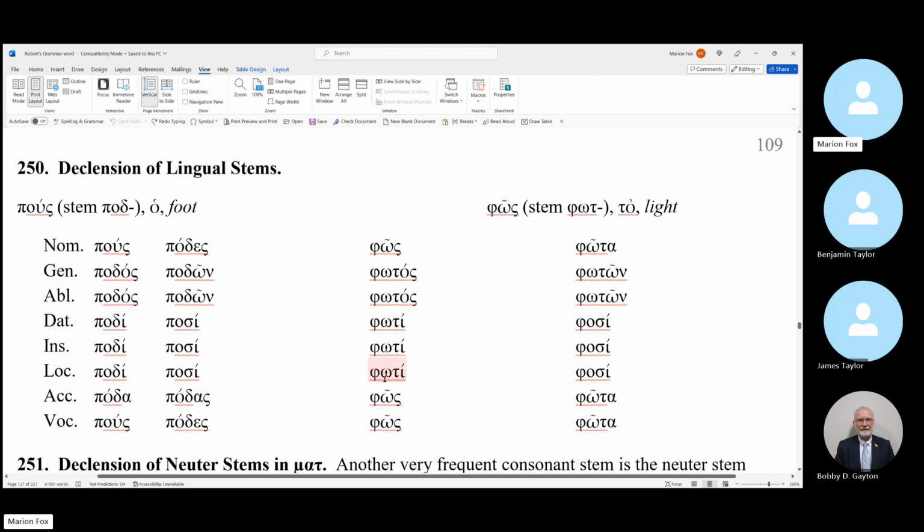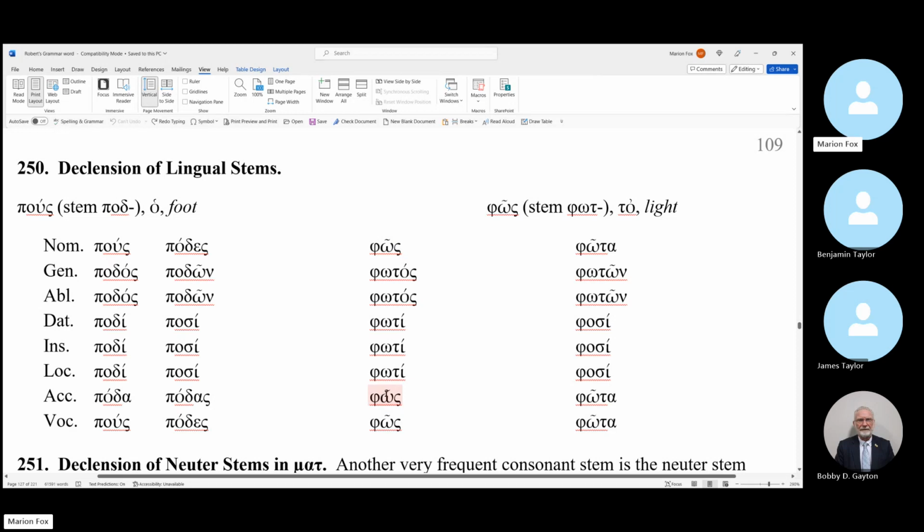Photos, photi, phos. It's very interesting here that the nominative and accusative are the same. Without looking up here, you could have told that that was neuter gender. Why? Because the nominative and the accusative forms are the same in neuter.